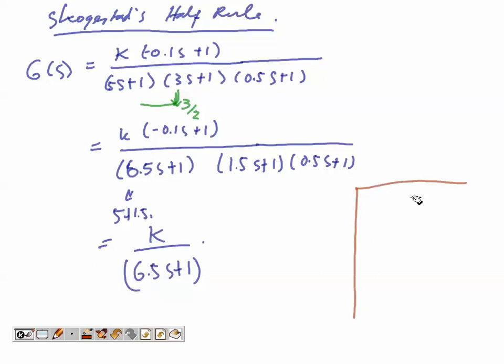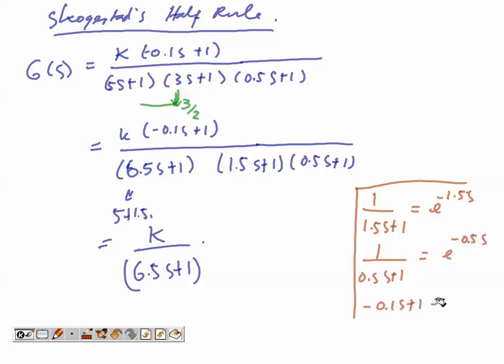So 1 over 1.5s plus 1 becomes e to the minus 1.5s, 1 over 0.5s plus 1 becomes e to the minus 0.5s, and minus 0.1s plus 1 becomes e to the minus 0.1s.